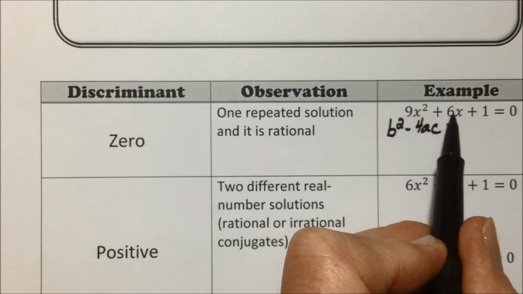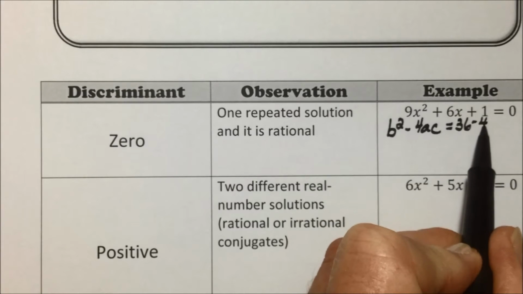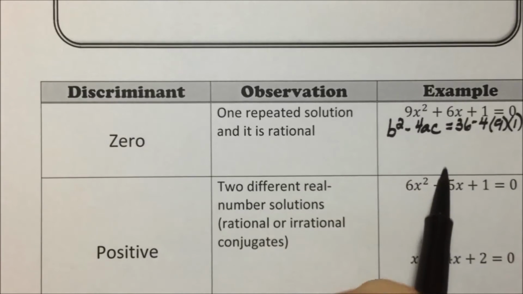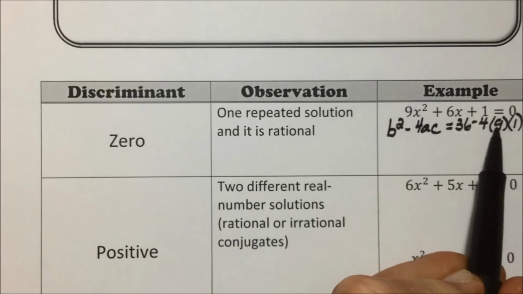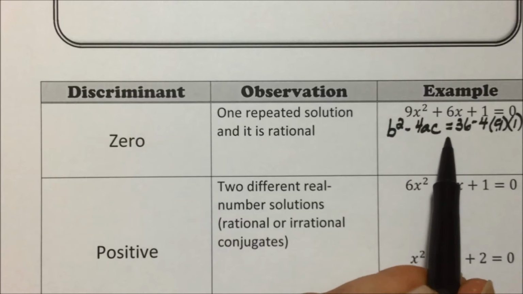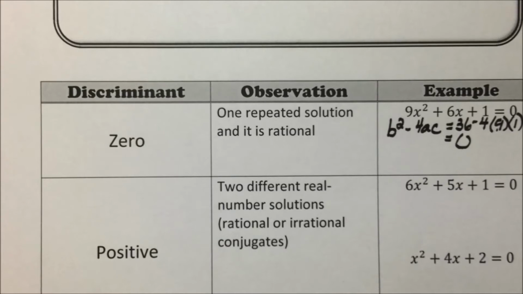We end up with b, which is 6 squared, or 36, minus 4 times a times c, which is 1. Well, 4 times 9 times 1 is 36. 36 minus 36 is giving us a value of 0. That means we will have one repeated solution and that it's rational.